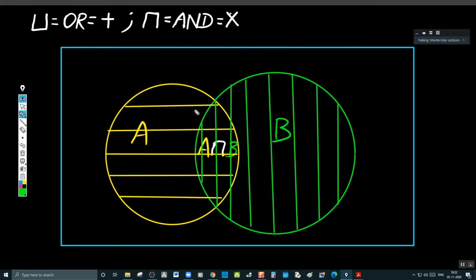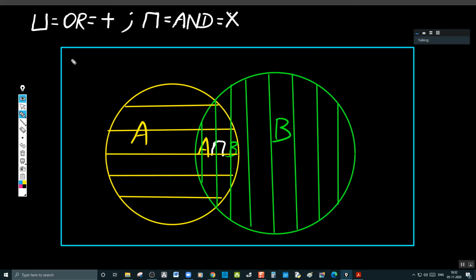That means the entire part is covered in this one. Very simple. I don't want to extend it more. I will show you like this. I'll write it in white color. Just a moment.